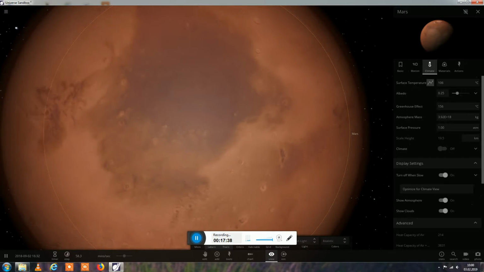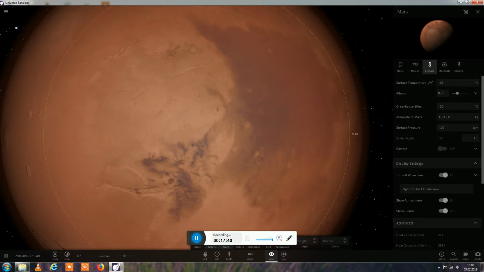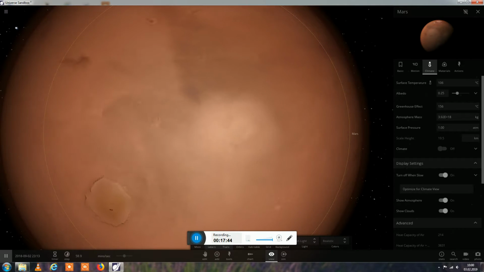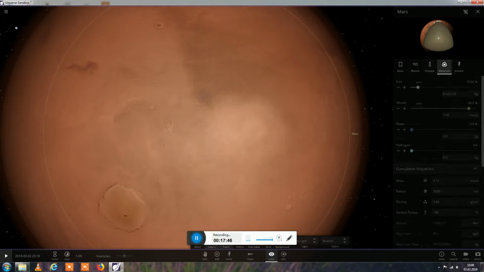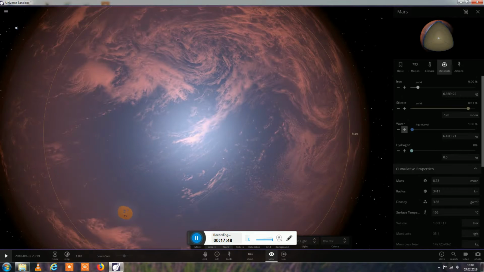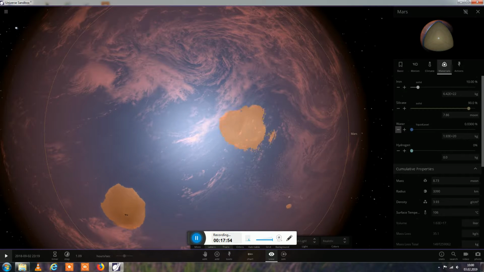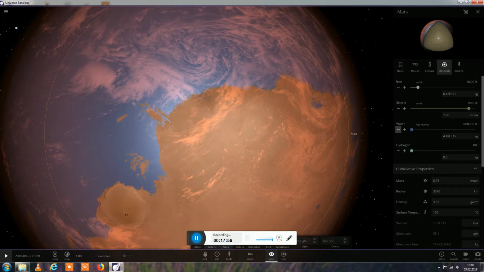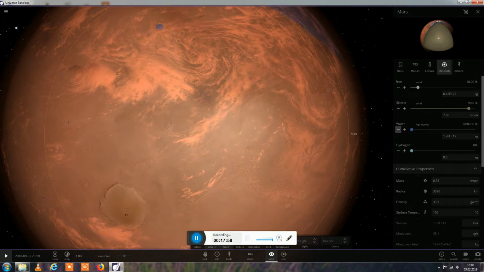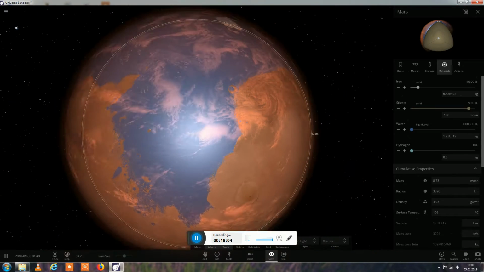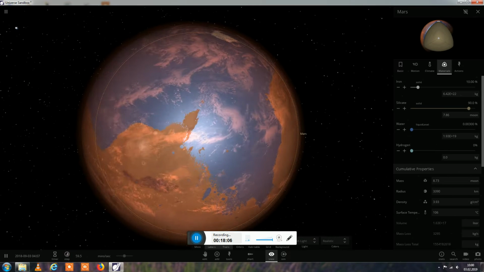So as you can see, the surface temperature is now stabilized at 106 degrees Celsius, which is far too hot for liquid water. Well, normally. Because as you know, water starts boiling at 100 degrees Celsius.